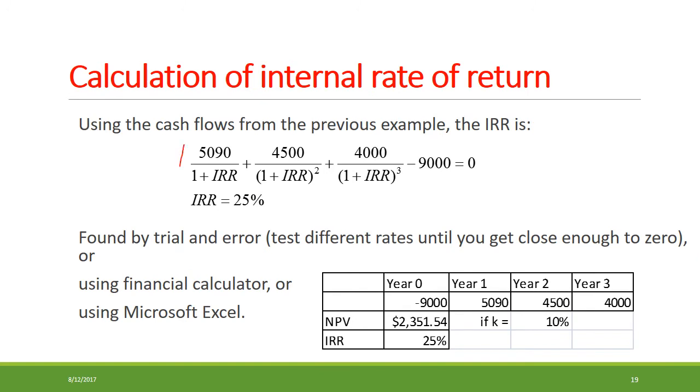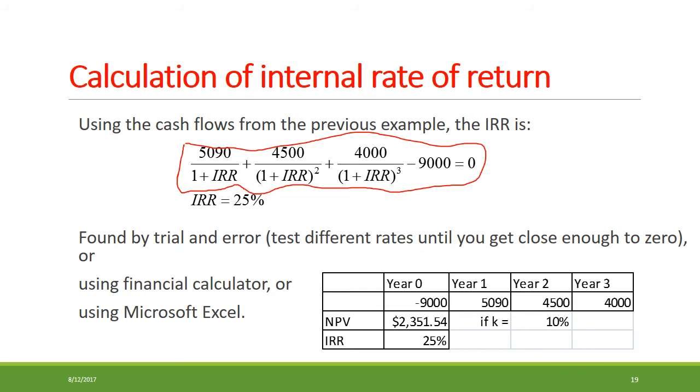If we go back to the previous example where we have a project with 3 years of life, these are the cash flows of the project at the end of year 1, 2, and 3. This is the initial cost. The IRR of this project is worked out to be 25%.